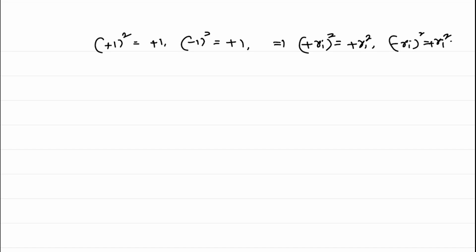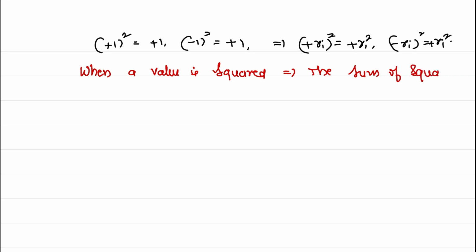That means when a value is squared, the sum of squares will add up. They will not get cancelled, because minus Ri whole square is equal to plus Ri square, and plus Ri whole square is equal to plus Ri square, so they will add up only.